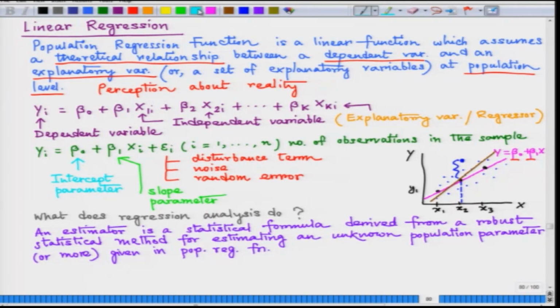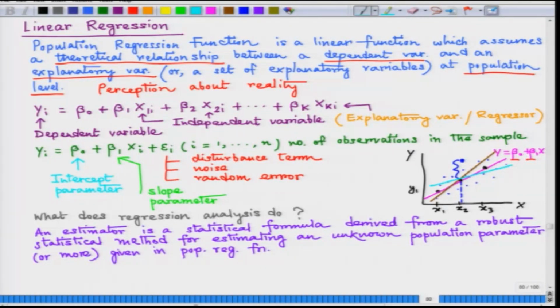Now, note that there could be many estimators, and hence there is no unique straight line. If you draw this brown straight line, it will represent one particular combination of beta naught and beta 1, and if I now draw this sky blue straight line, it also passes through the same scatter plot, but it represents a different combination of beta naught and beta 1.